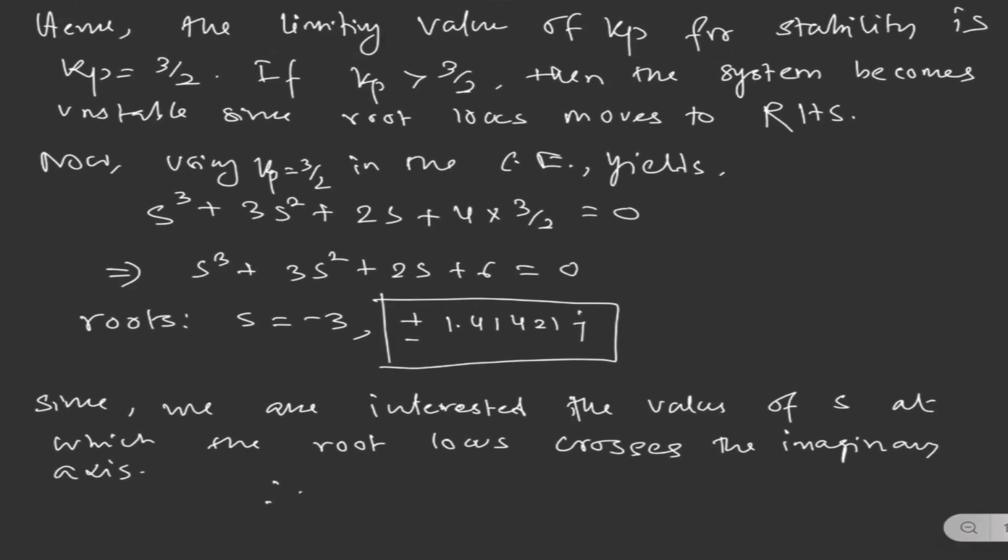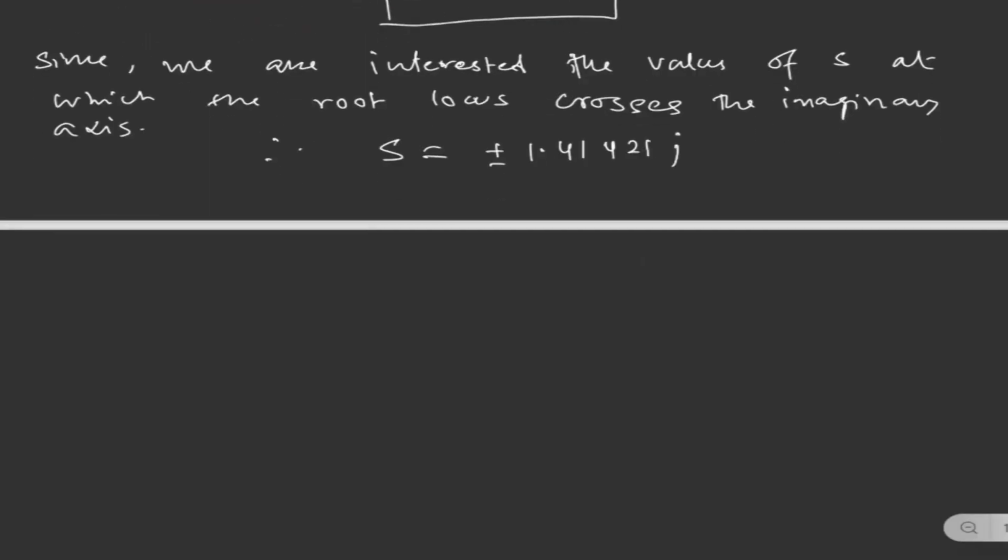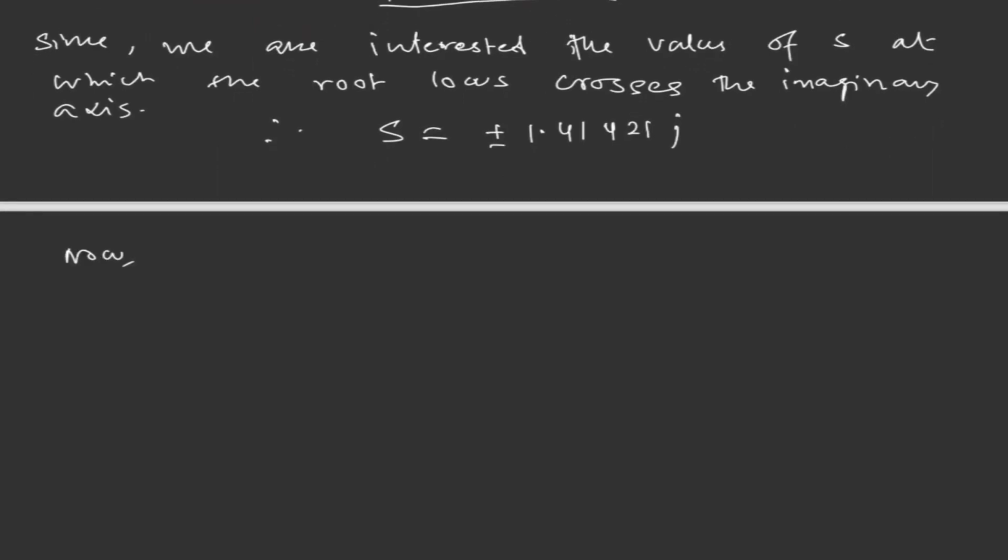So s equal to plus minus 1.41421j. Now we can also find the ultimate gain Kp from the magnitude condition, which we did in the last lecture.